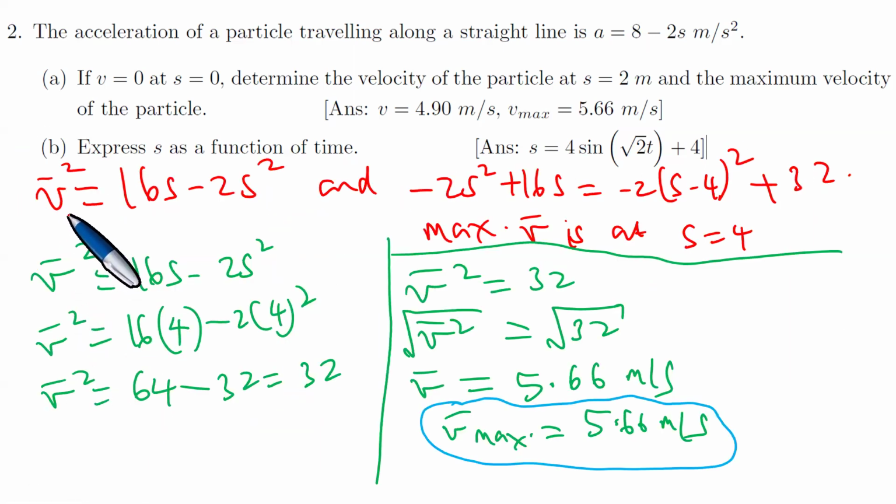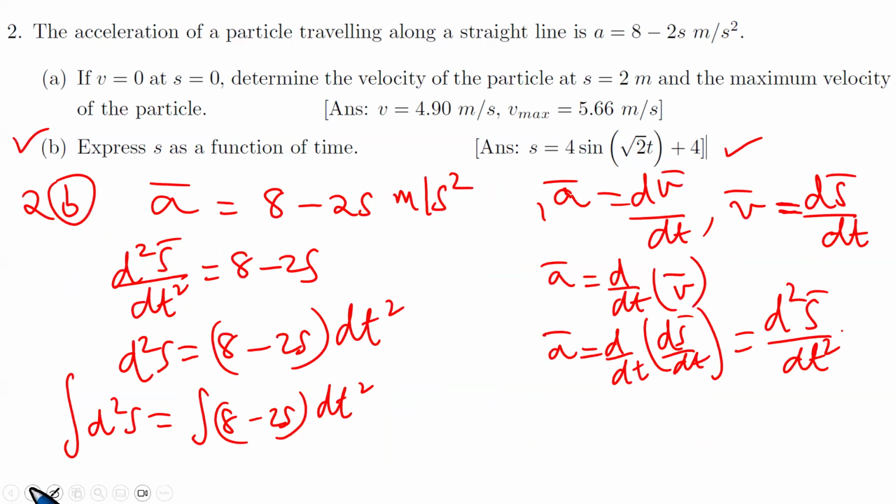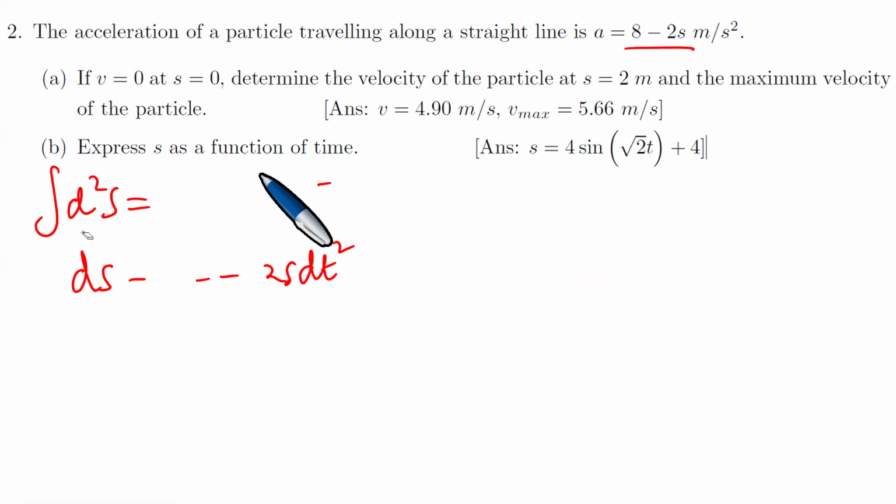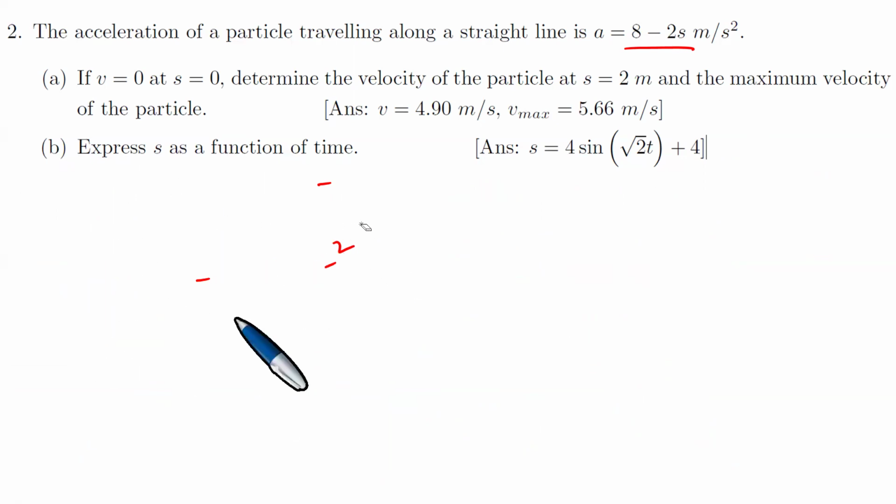If we got that v squared is this, let's just use this particular equation: v squared equals 16s minus 2s squared. It's easier. That's what I'm going to use for part B. I feel it's going to save us lots of time and trouble.